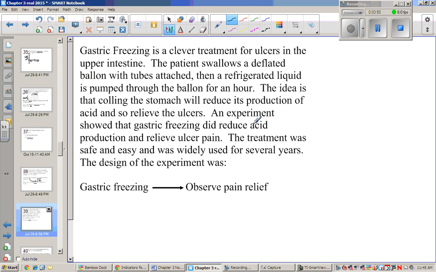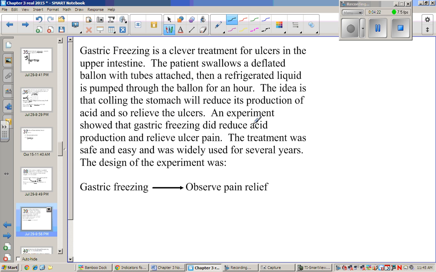Now, medical experiments haven't always been tested with the best of statistical design, and they're trying now to test them more and more, and they're seeing a lot of things come out that aren't what they expected. There's this type of procedure called gastric freezing, where the patient swallows a deflated balloon with tubes attached, and refrigerated liquid is pumped into the balloon for an hour.